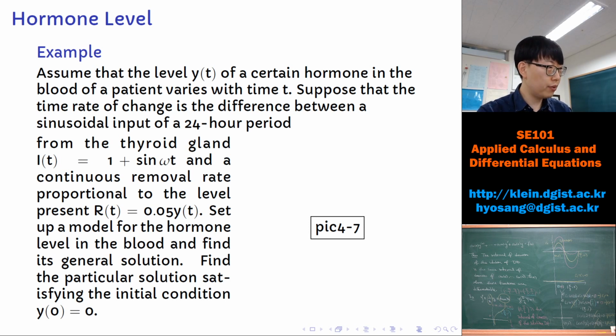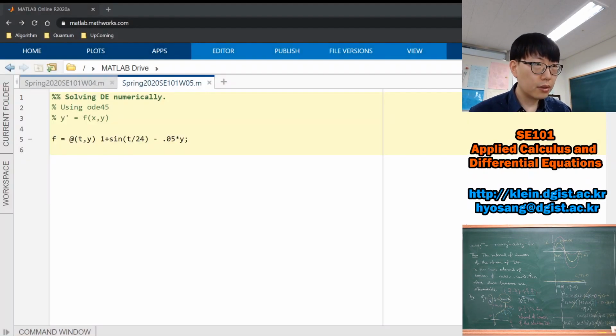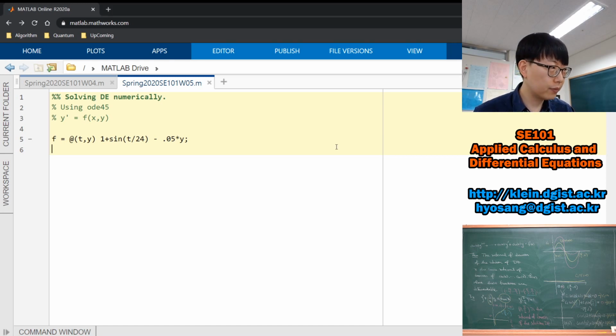So y prime is given by 1 plus the input, 24, and output is given by 0.05 times y, right? Yes, y. Okay. Sorry, this should be t, not x. Okay. Is that okay? Sorry about that.